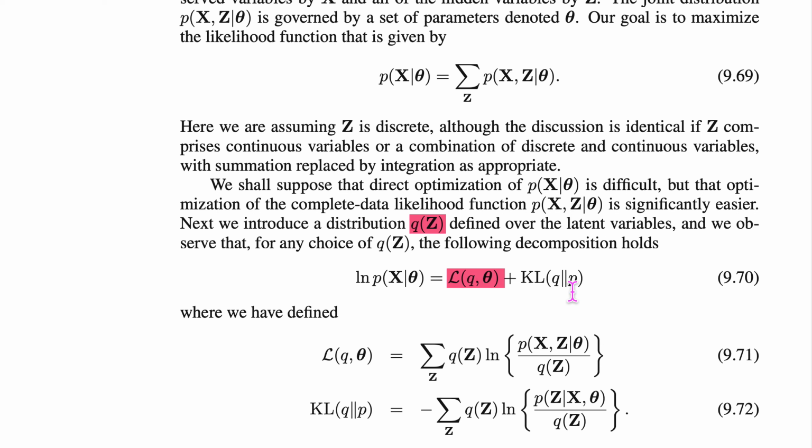Okay? And this P is the thing we've already been looking at. It's our probability of X, the probability of X given the parameters, that is this P in here.